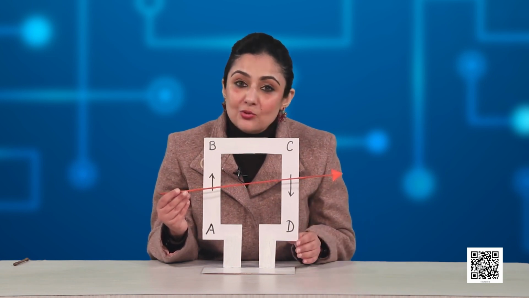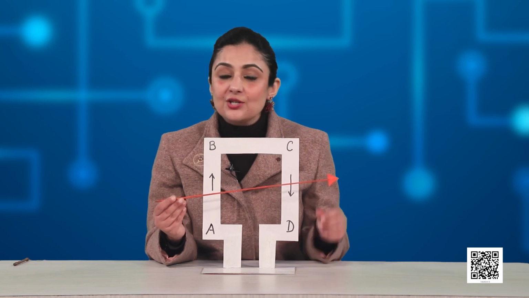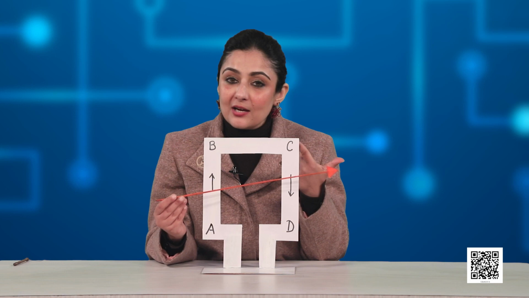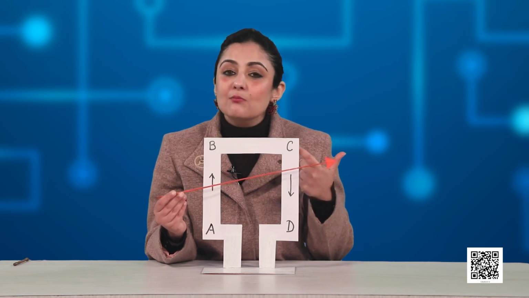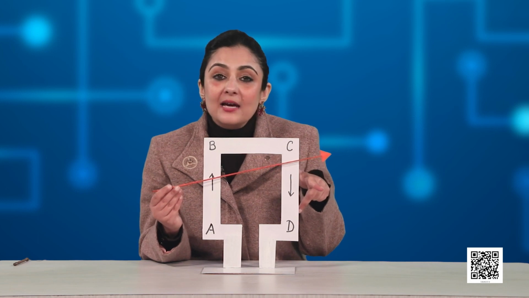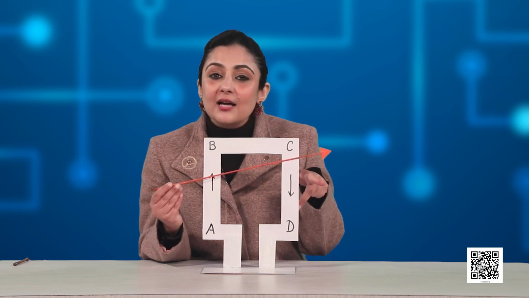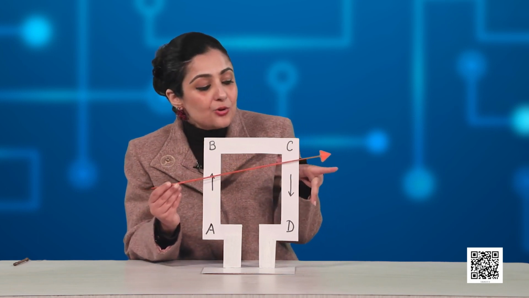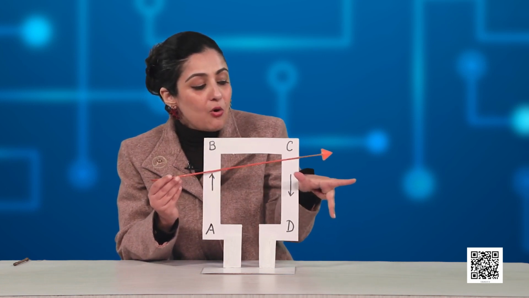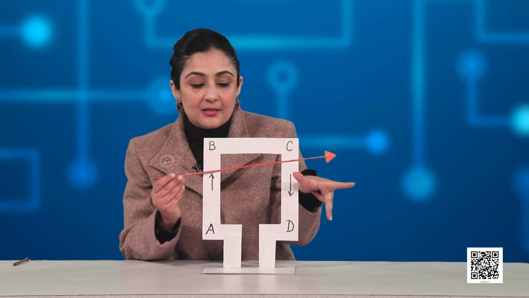So, what does the rule state? If I stretch the thumb, the first finger and the second finger of my left hand mutually perpendicular to each other, then my first finger should give the direction of magnetic field. So, here my forefinger is giving the direction of magnetic field.